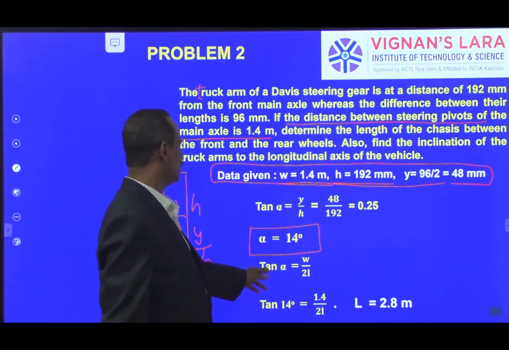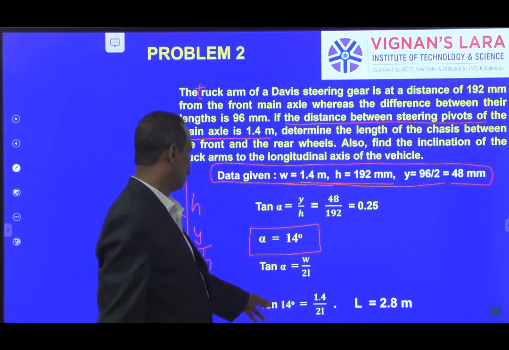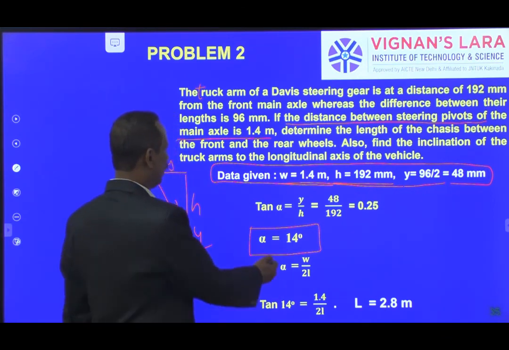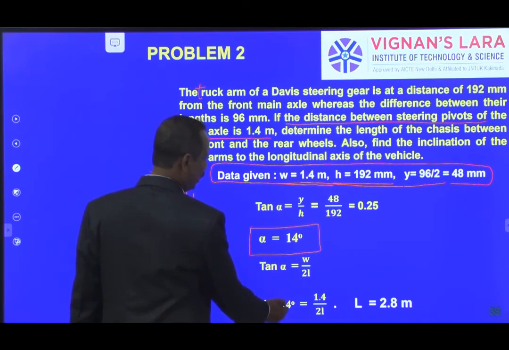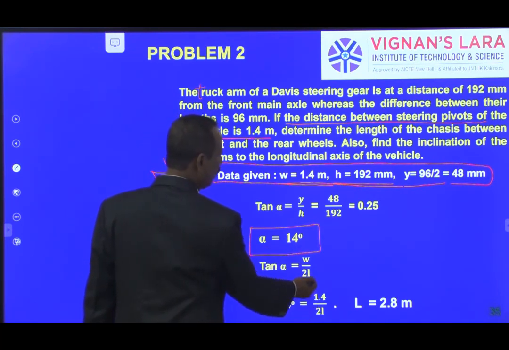So tan alpha is equal to W by 2L. Then tan 14 degrees is equal to W by 2L.